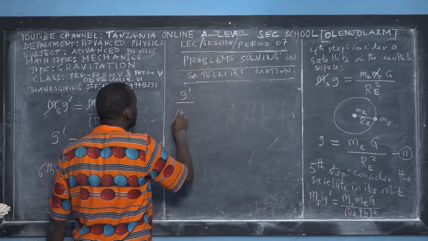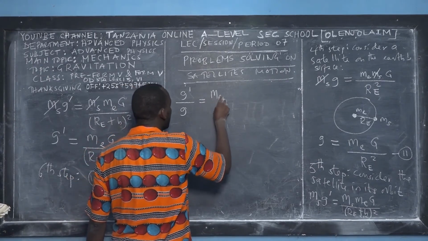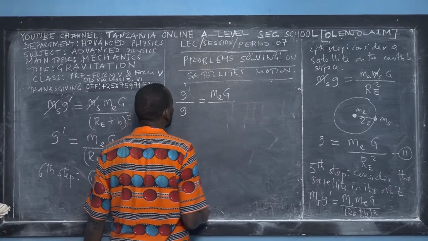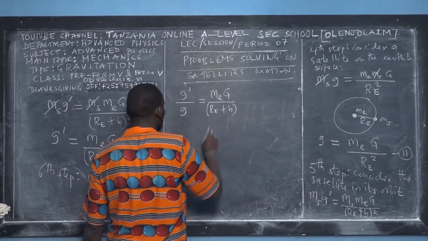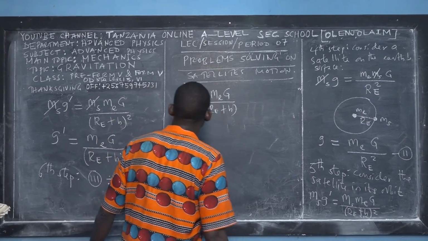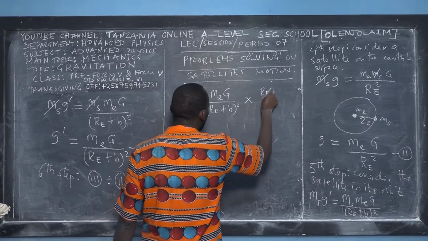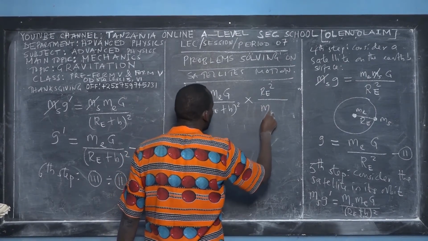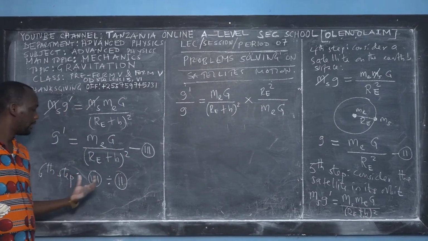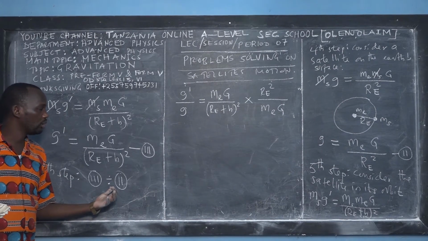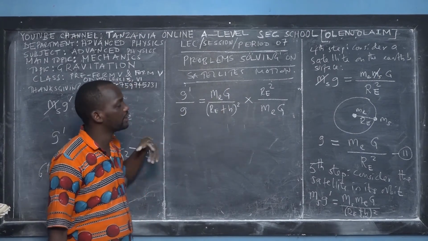So you say g dash over g is equal to what? This is equal to the mass of the Earth times the universal gravitational constant over the radius of the Earth plus the height h, squared, then we multiply by the radius of the Earth squared divided by the mass of the Earth times G, because you have to know that the basic operation of division is replaced by multiplication, changing the positions of numerator and denominator.